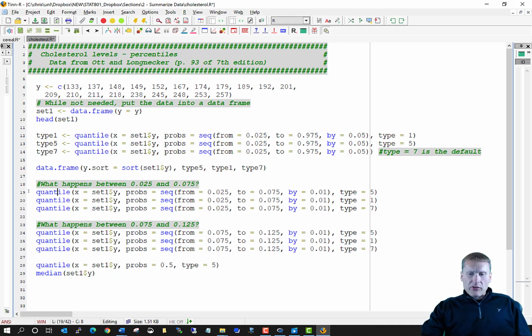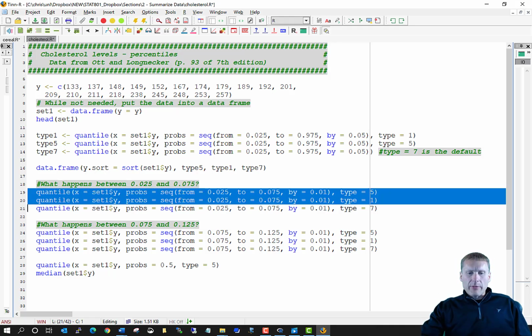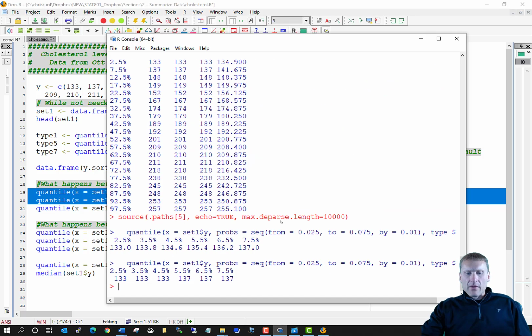So let's go ahead and do that with type equal 5 and type equal 1. Notice how I'm doing a sequence of numbers from 0.025 by 0.01. We can see that indeed we do get some different values. Again, just use type equal 5. That will work for what we're going to do in this course.